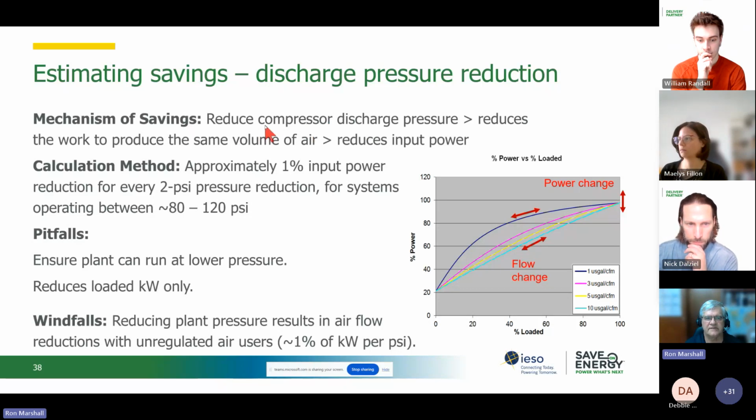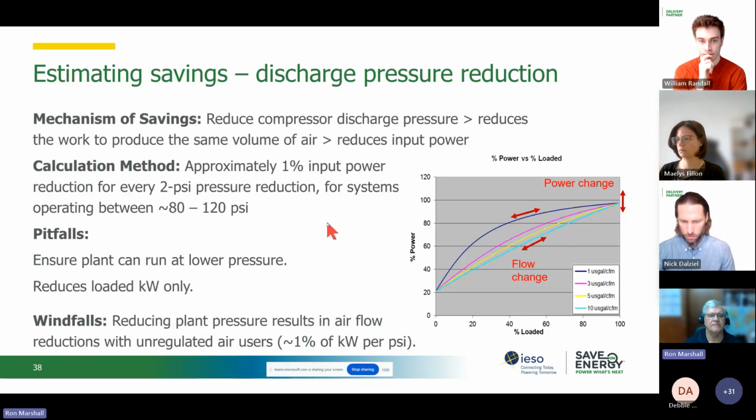So mechanism of savings, we reduce the discharge pressure, and we have to do some research to make sure that we're not causing problems downstream, right? It reduces the work to produce the same volume of air, right? So that's for every 2 psi reduction at the discharge of the compressor. And this is in a range between 80 and 120, right?